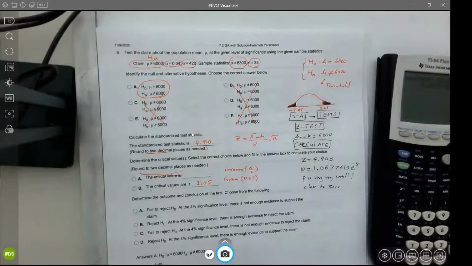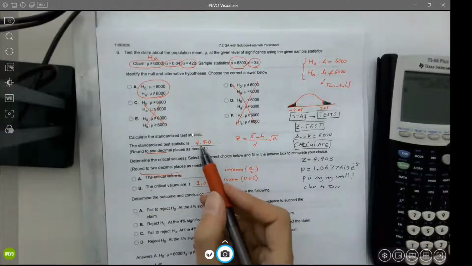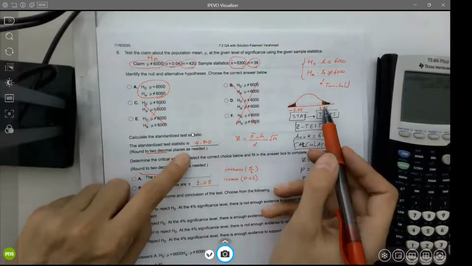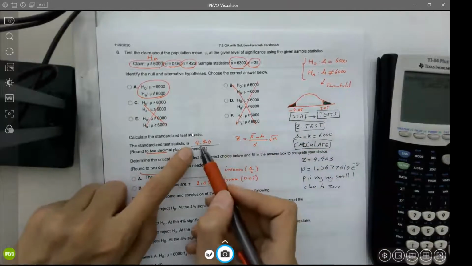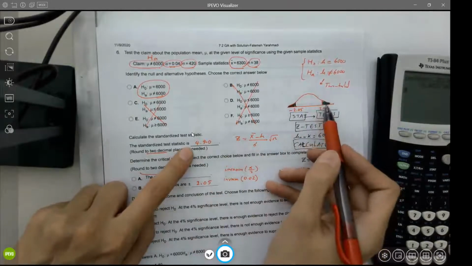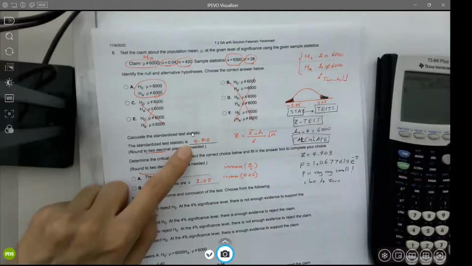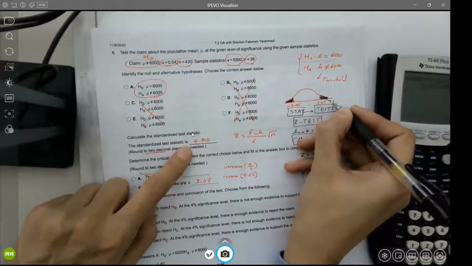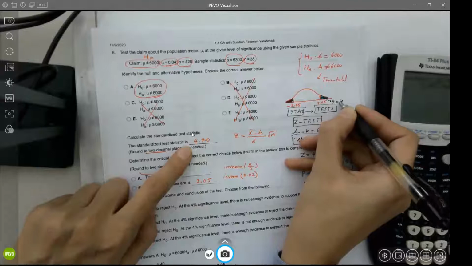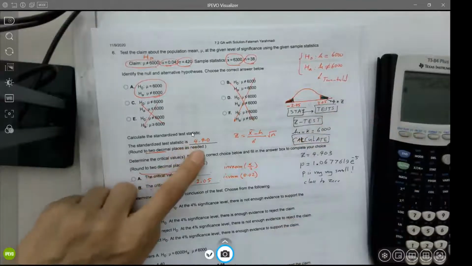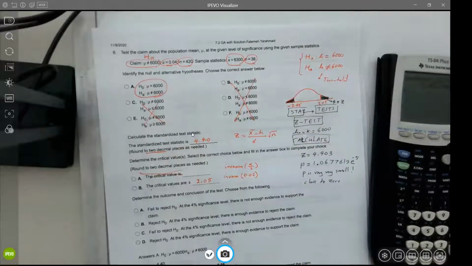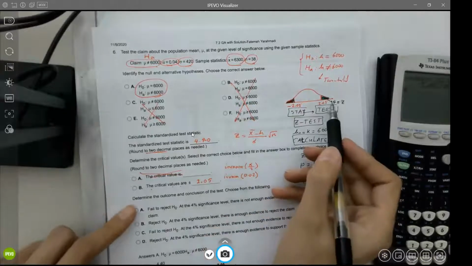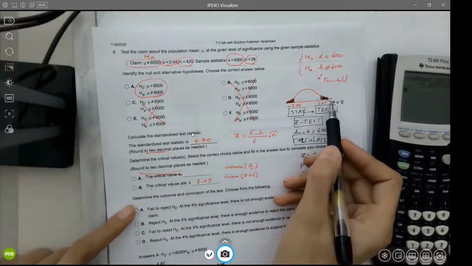Okay. Is Z inside the rejection region? Is 4 inside the green region? Yes. 4 is going to be greater than 2. So 4 is roughly here, close to 4, 4.40. So it means that we reject the null hypothesis.